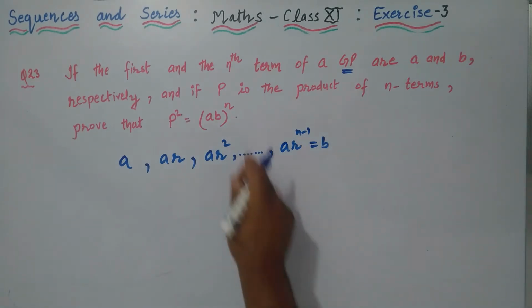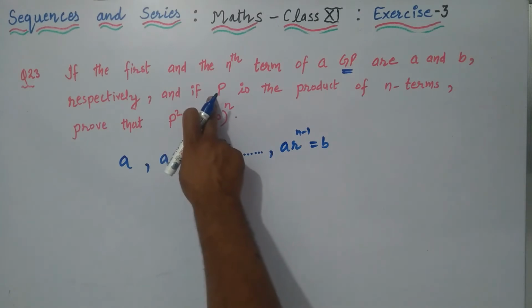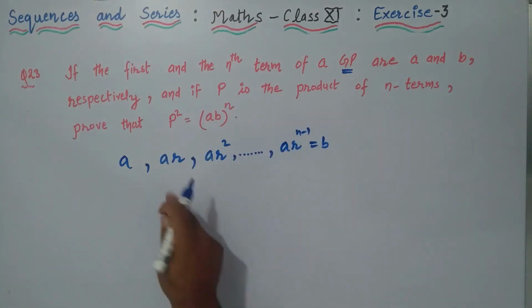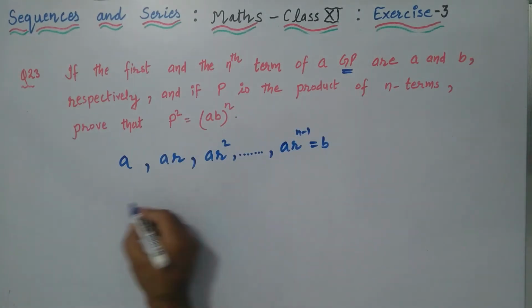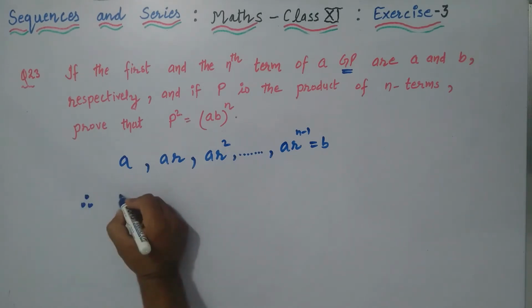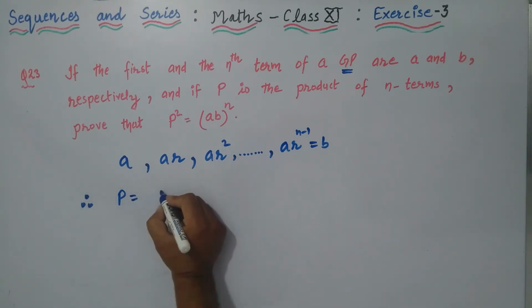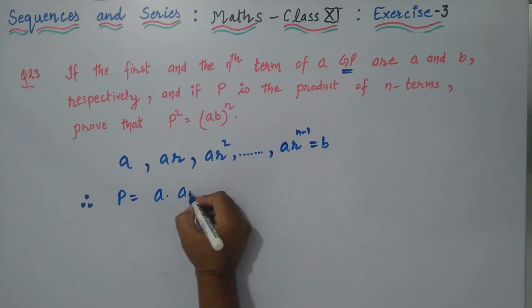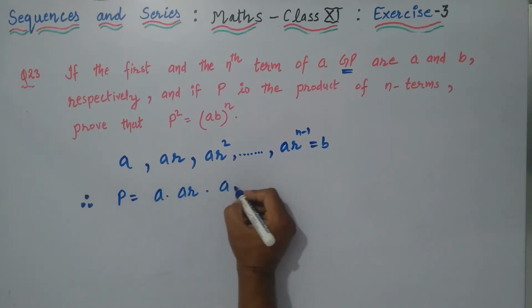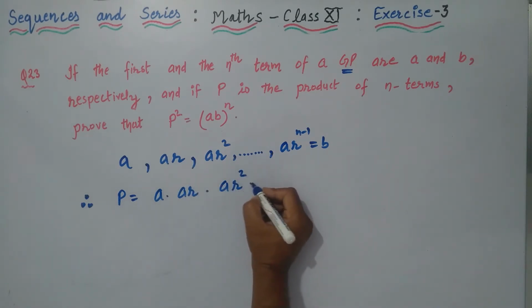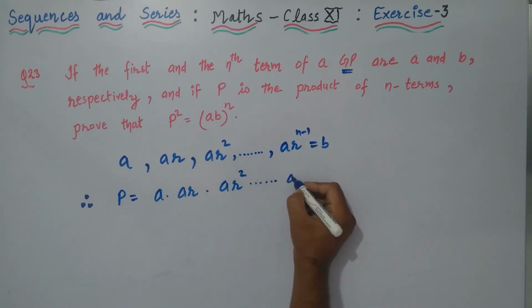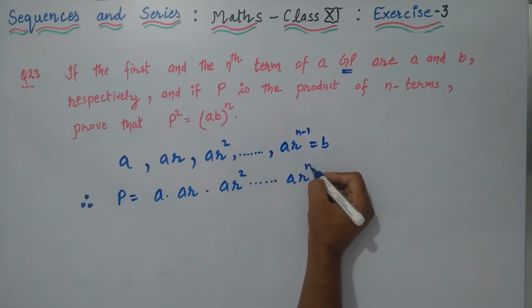Okay, now what is next term? Next step, P is the product of n terms. So multiplying these n terms, we have P is equal to A into AR into AR square and so on, nth term AR raised to power n minus 1.